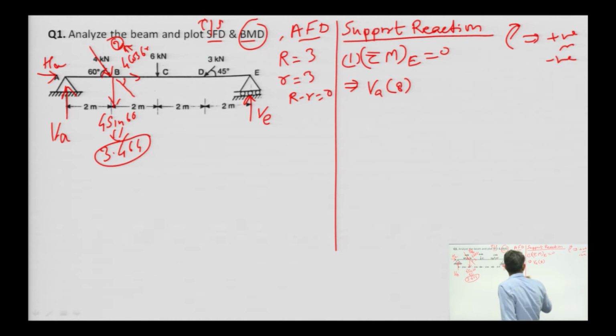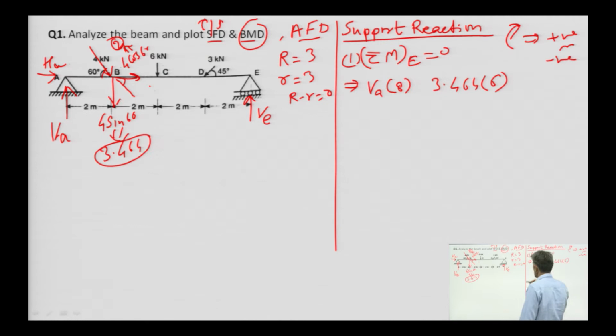So the bending moment at point E due to this horizontal force is 0 because the perpendicular distance is 0, but for this vertical force we will have a bending moment at point E. It is 3.464 multiplied by the perpendicular distance, which is 2, 2, 2, 6.